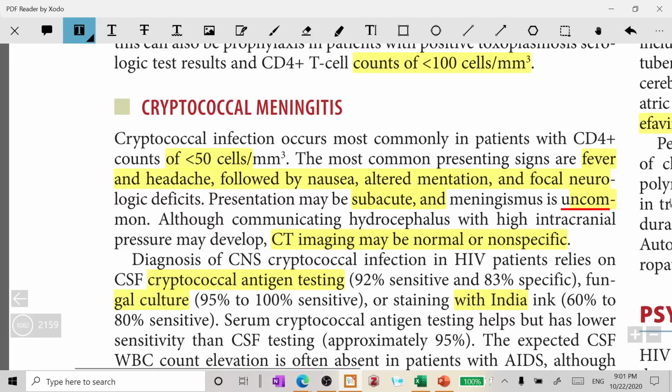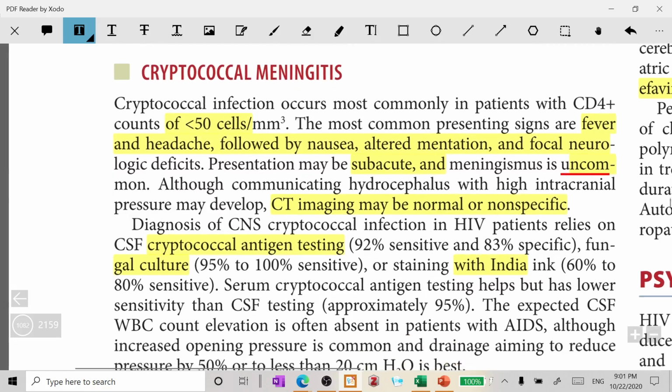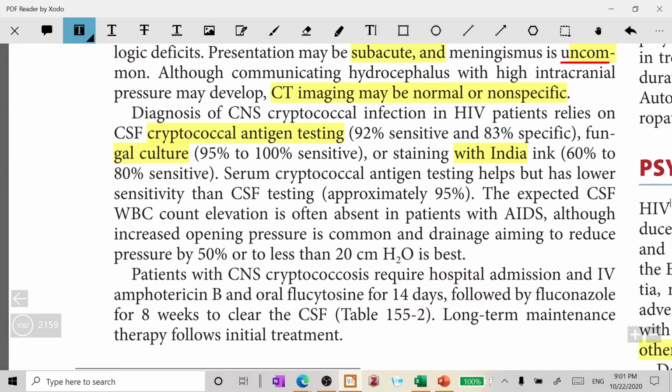Diagnosis of cryptococcal infection in the CNS in an HIV patient relies on antigen testing, which is 92% sensitive and 83% specific, and also fungal culture, because cryptococcus is a fungus, and staining with India ink. India ink and serum cryptococcal antigen testing help, but have lower sensitivity than CSF testing.